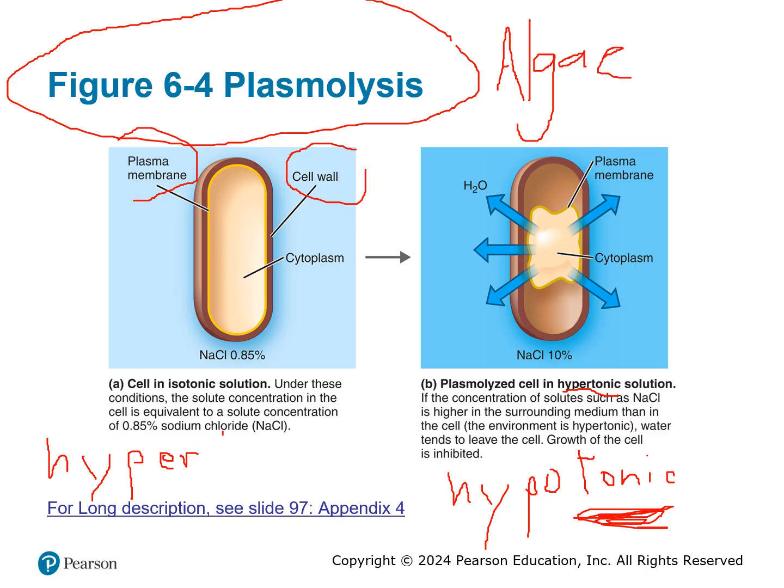Hypertonic means the tonic part is what's in the water. So the tonic is going to have a lot of solute. A hypertonic solution is going to have a lot of things dissolved in it, and we call the things dissolved solute. I remember it: you are in the bathtub, so the solute is what's in the water.